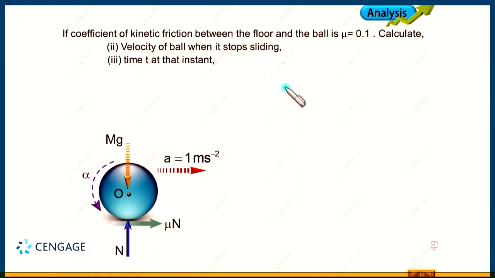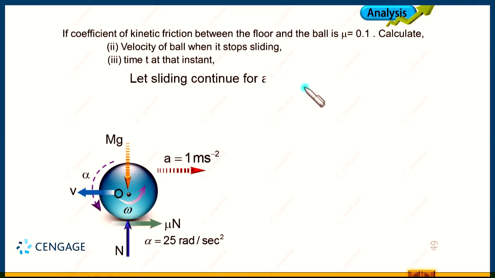That means rolling starts at time t. This is the value of alpha and this is the value of v. This is the velocity when rolling starts, right? So, let us assume this time as t, because the action started at t equal to 0. So, at this time the rolling starts.